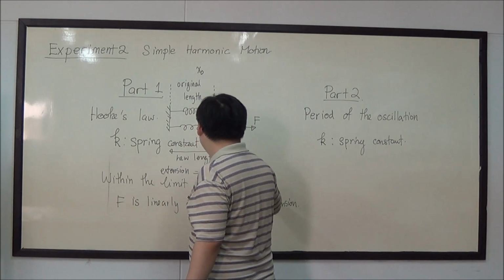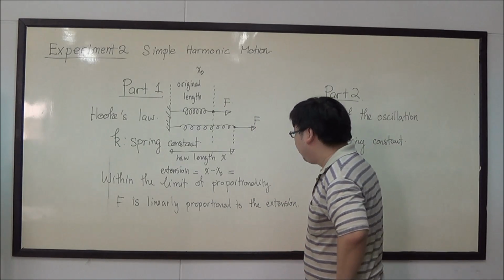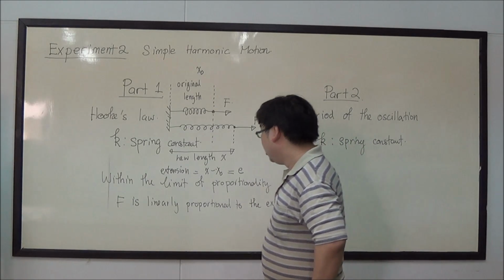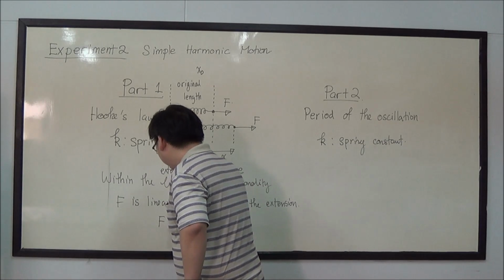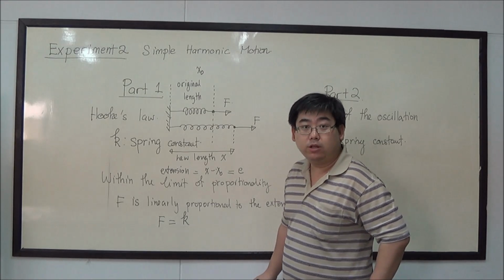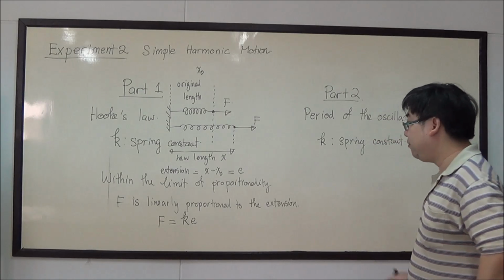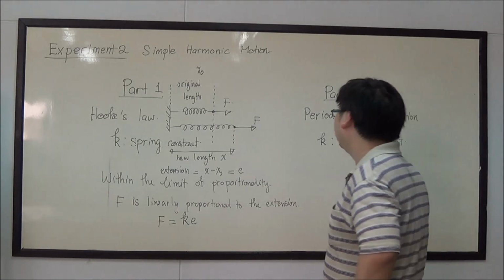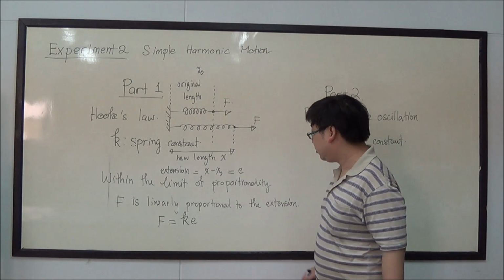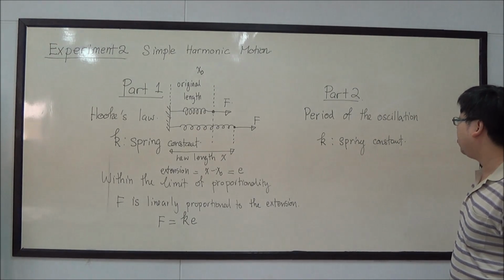Let's call this extension with a variable, let's call it E. So we know that F will be equal to a spring constant K, which is the proportionality constant, times E. F equals KE. And this is Hooke's law.